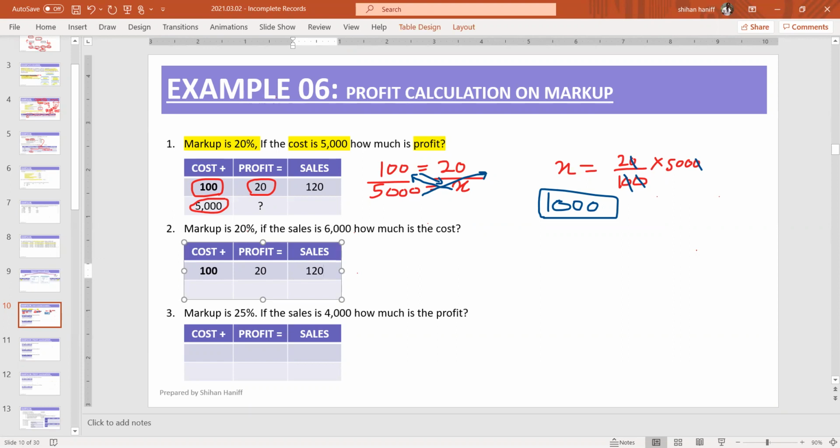They ask what is the cost? Can you all tell me the answer?